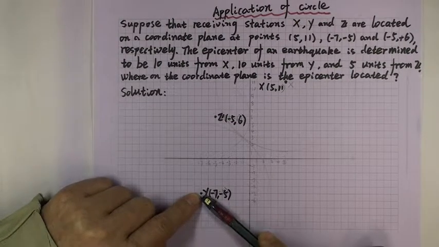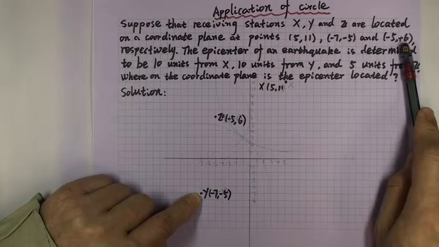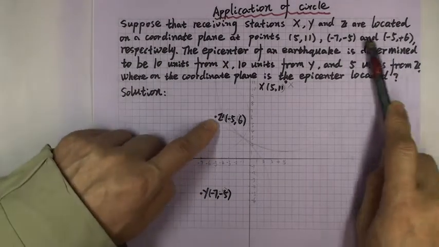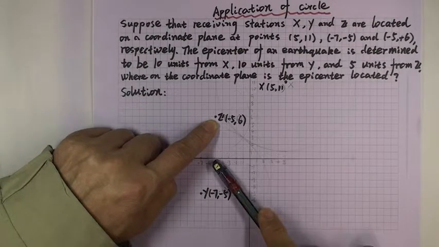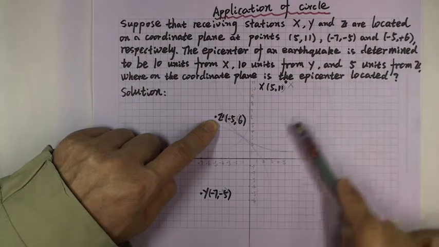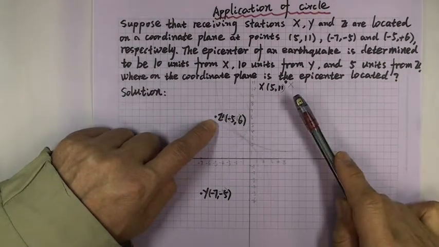See, that's right here. And Z is (-5, 6). That's Z. So -5, and 1, 2, 3, 4, 5, 6 is right here.